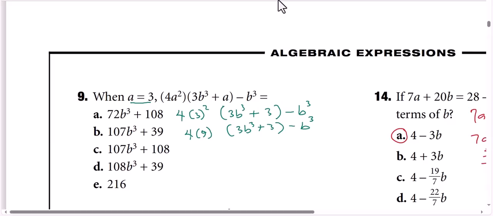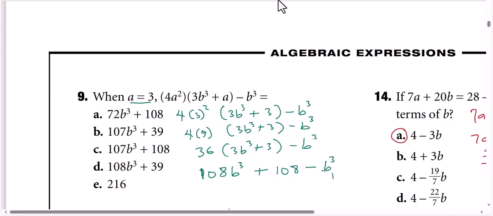So at this point 4 times 9 is 36, bracket 3b cubed plus 3 minus b cubed. So 36 times 3 is 108. Yeah, 108 b cubed plus 36 times 3 is also 108, then minus b cubed.